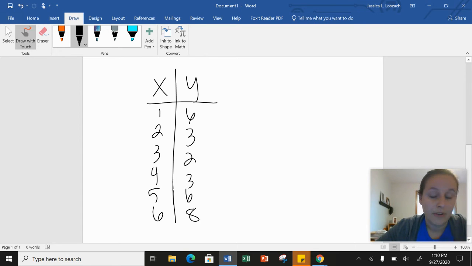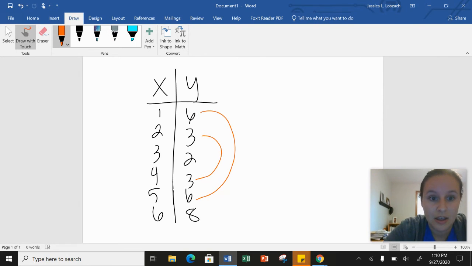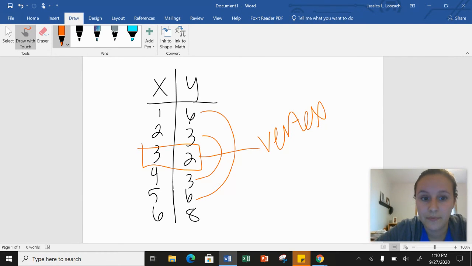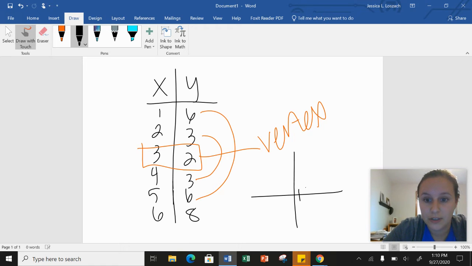The way that you find your vertex is you're looking for symmetry on the y. So you're looking for the same y values. So I see a 6 and a 6 here. I see a 3 and a 3 here. So the point in the middle, that's going to be your vertex. Okay? Now from that, and if you want, you can use Desmos to graph it, but from that, my vertex is at 3, 2. So my vertex is like this, and we're going to assume it opens upward.